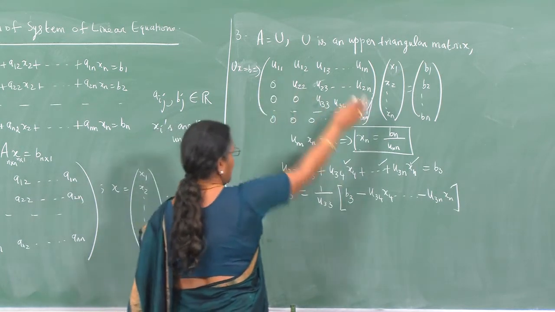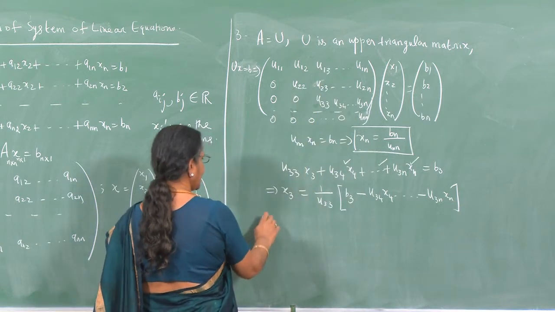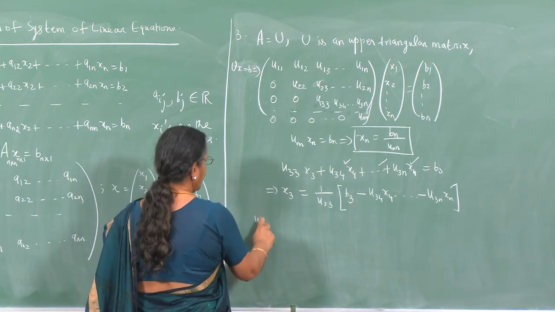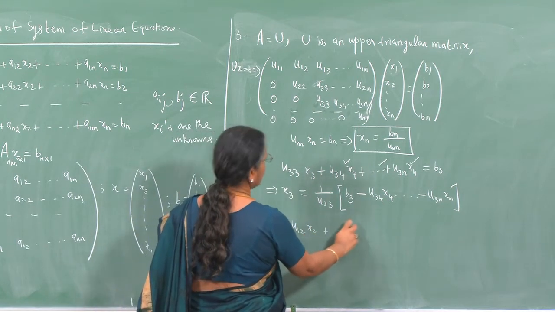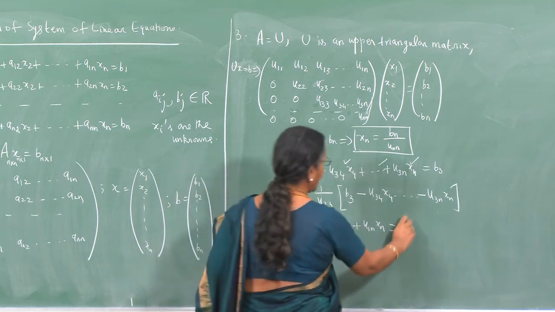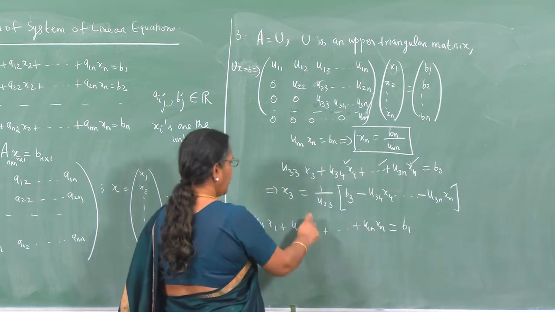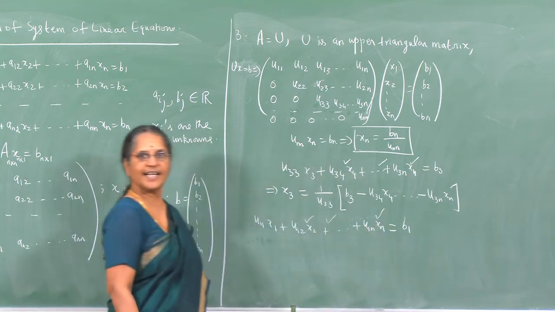And so, the first equation, if I move backward and reach the first equation, that is u11 x1 plus u12 x2 plus etc. plus u1n xn, and that is B1. You have computed all these coefficients x2, x3 etc. xn.